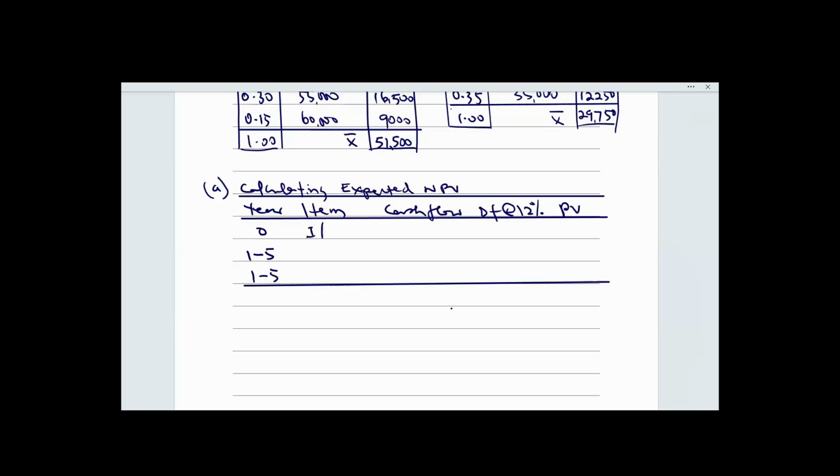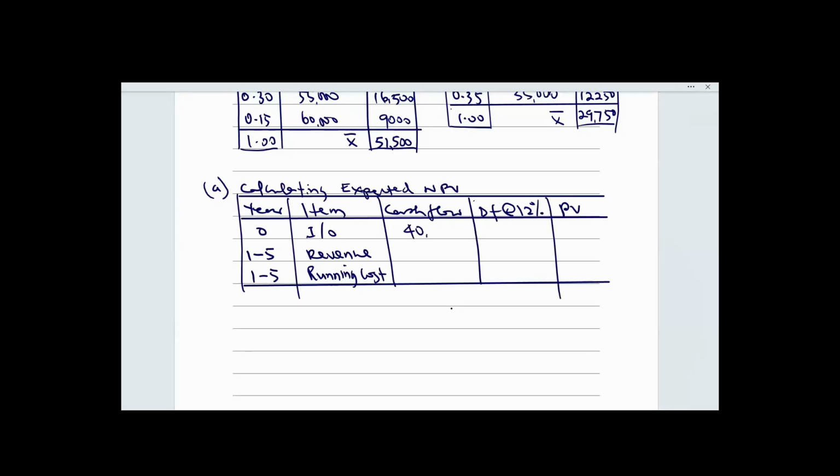Initial outlay, we have revenue. We also have running costs. We calculated, what's the initial outlay? 40,000.